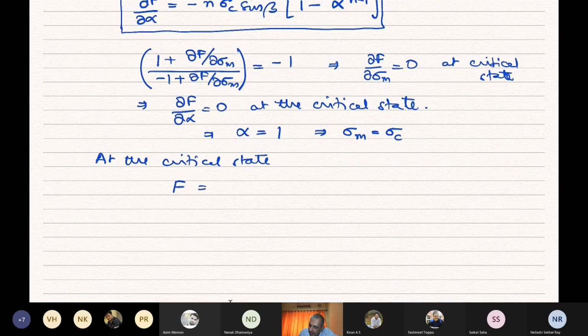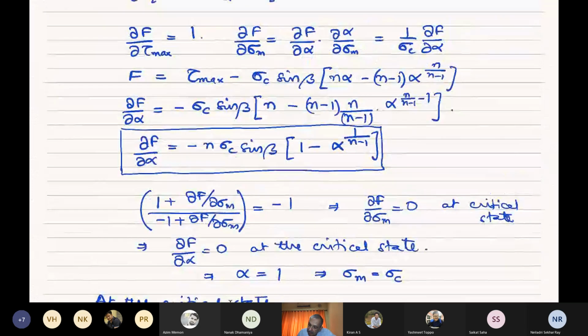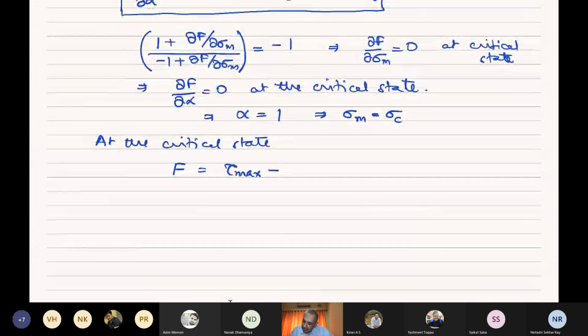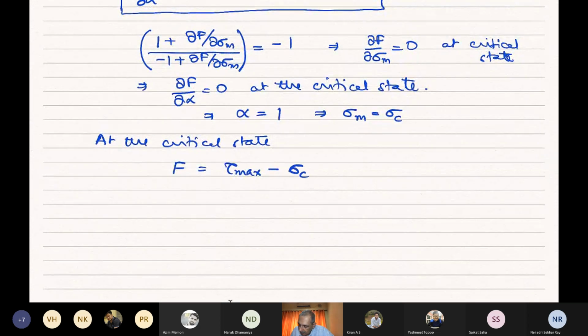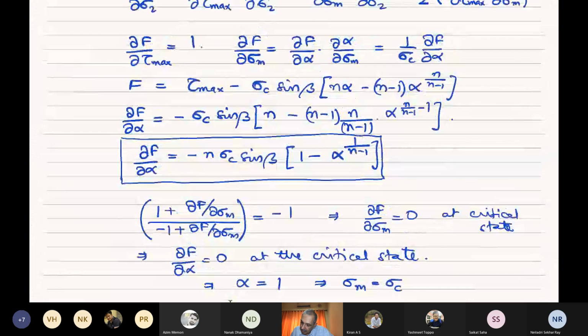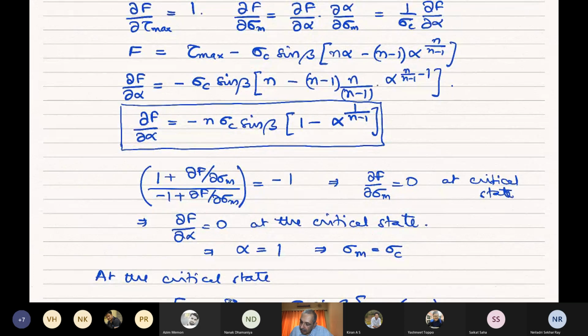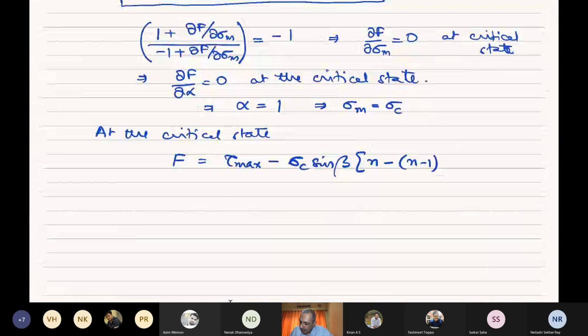your function f is just equal to tau max minus, now over here you see f is minus sigma c sine beta. If you put alpha equal to 1, then in brackets that will be n minus, now here you have n minus 1, and then of course alpha is 1, so raised to the power of n minus 1 is still 1.